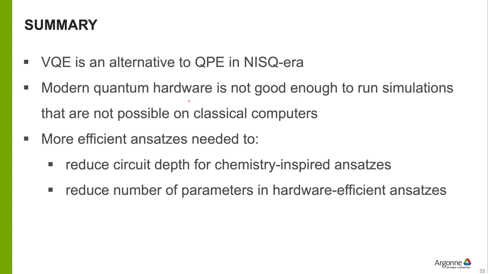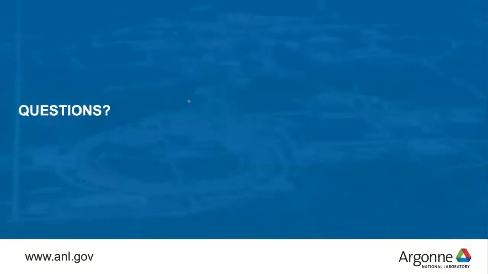So for chemistry inspired, the main issue is basically circuit depth, where your circuits basically get too long. And for hardware efficient ansatzes, the main problem is usually barren plateaus and the simple number of parameters for classical optimization. And with that, I'd be happy to answer any questions.